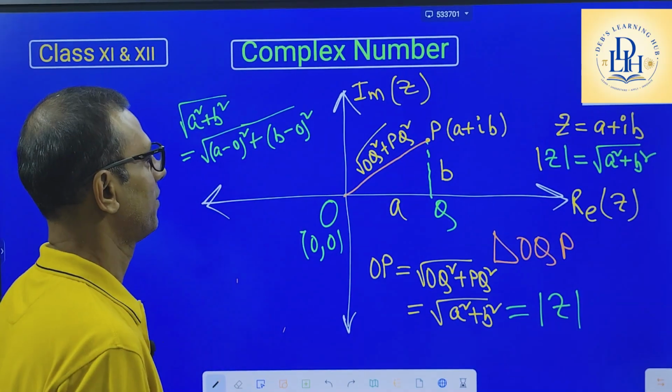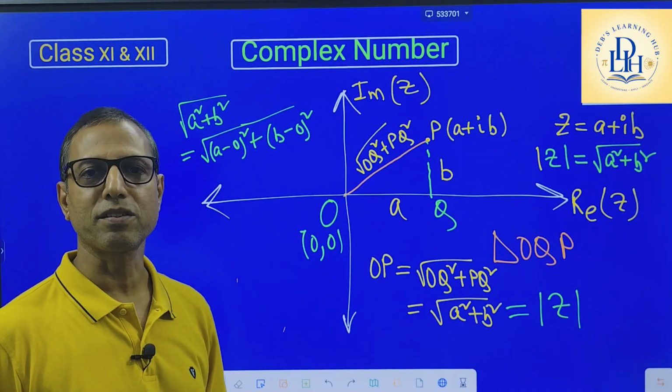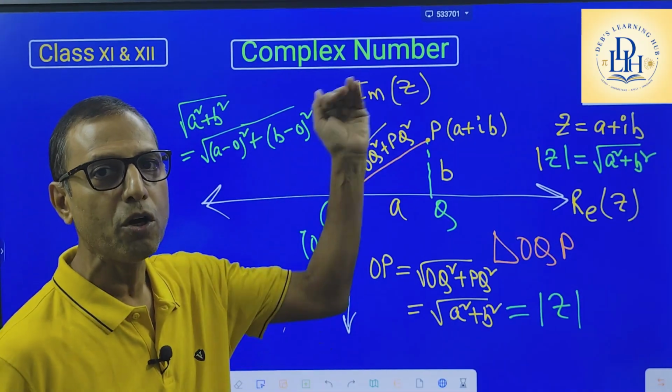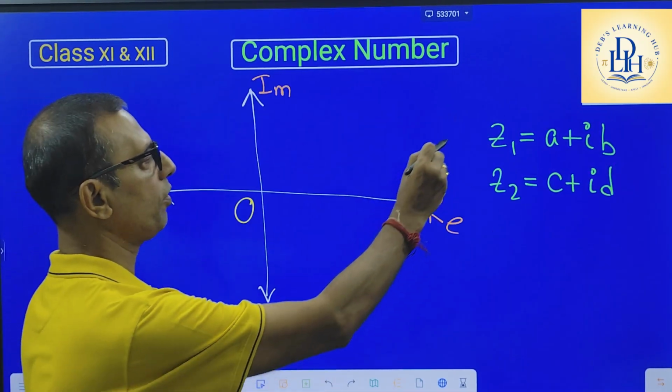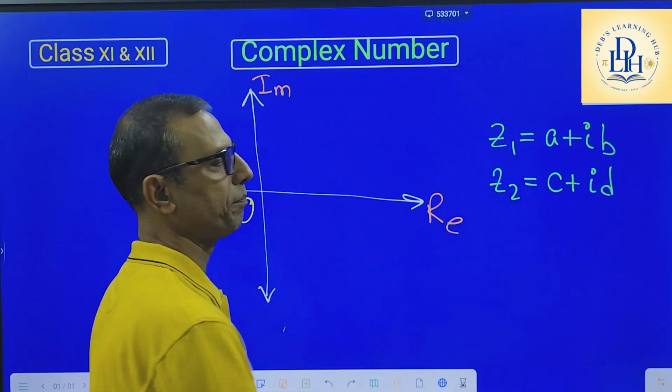Got it? So that is the geometrical interpretation. I will show you one more thing in this context, then I will come to the conjugate number geometrical interpretation. Okay. Now let's say there are two complex numbers. z1 is a plus ib and z2 is c plus id.